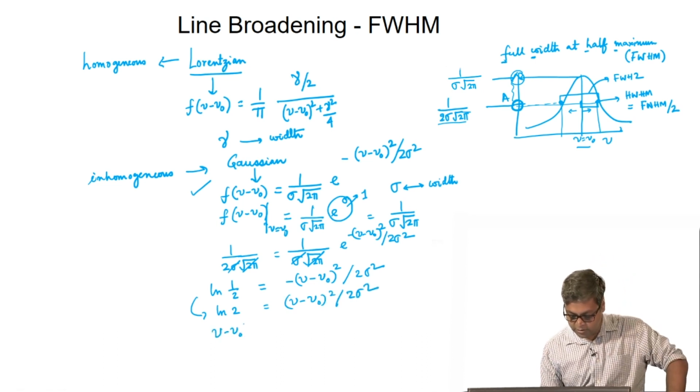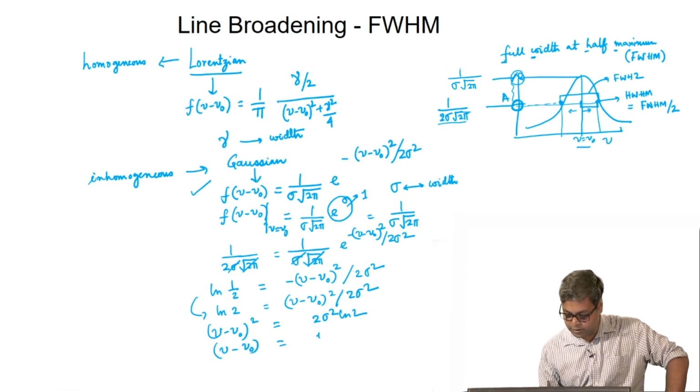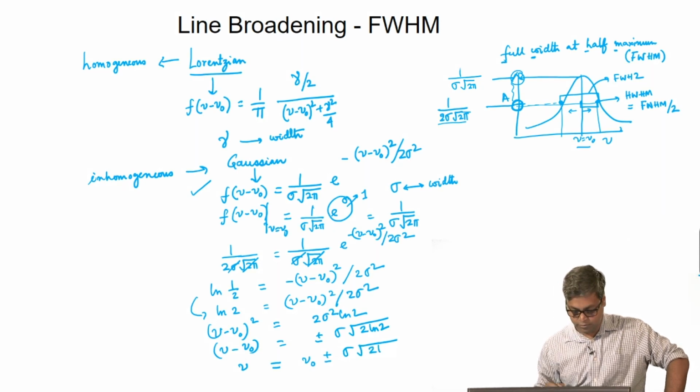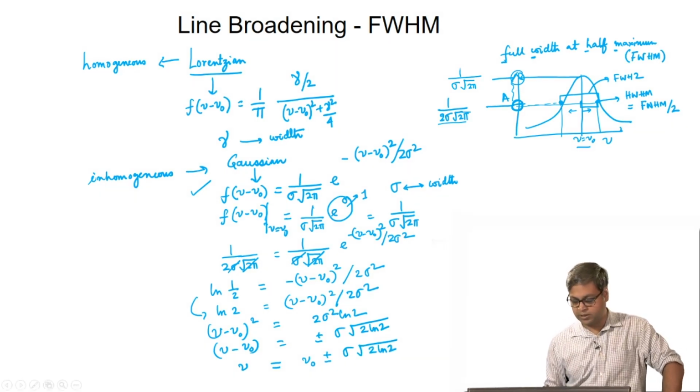or nu minus nu 0 squared equals 2 sigma squared ln 2, or nu minus nu 0 equals plus minus sigma root over 2 ln 2. So, now we needed to find nu. So, nu equals nu 0 plus minus sigma root over 2 ln 2. So, what does it mean?